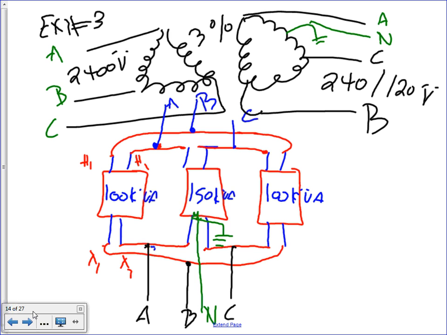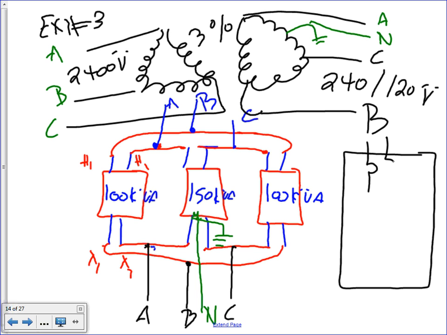So if you were to connect the panel after the transformer, if you wanted 240, you'd be connecting breakers from A and C, right? This is how your panel will look. I'm just going to say phase A, phase B, phase C. When you look at your panel, this will be phase A, this will be phase B, just don't look at the color code, and this will be phase C, right?